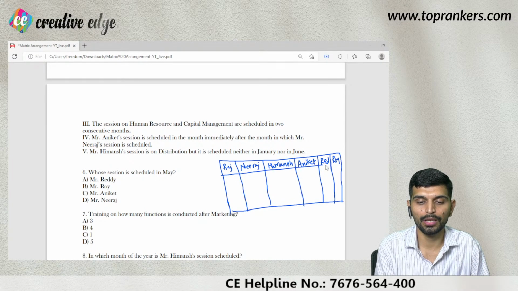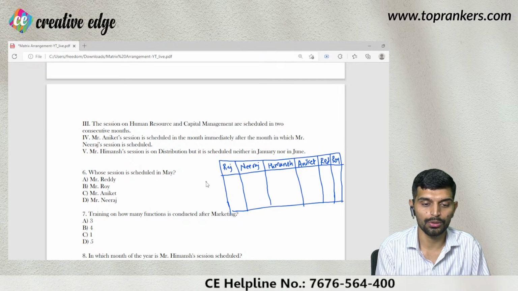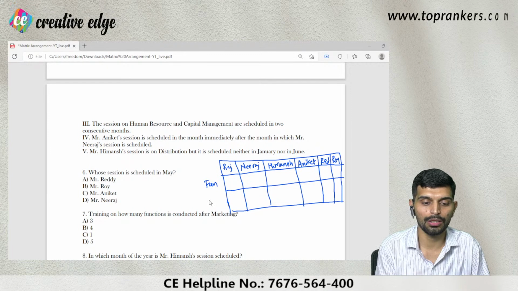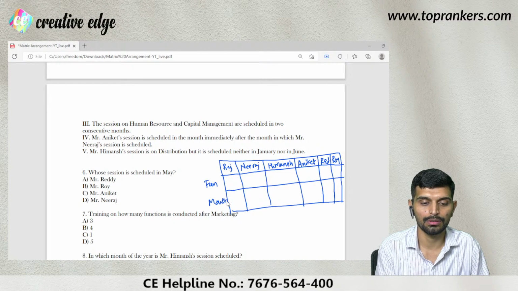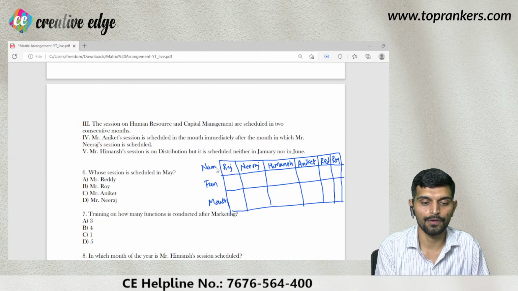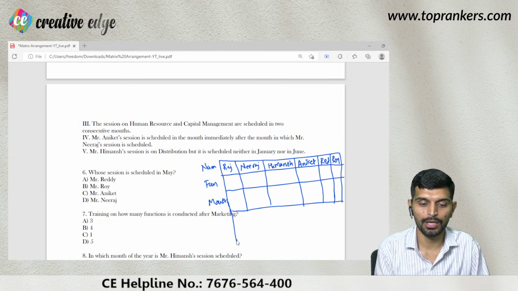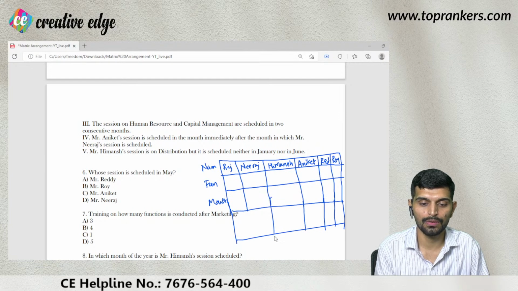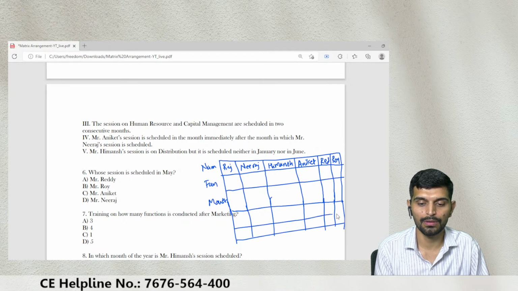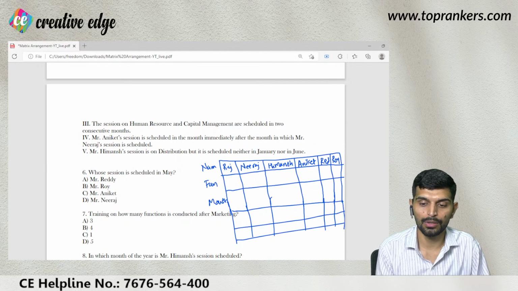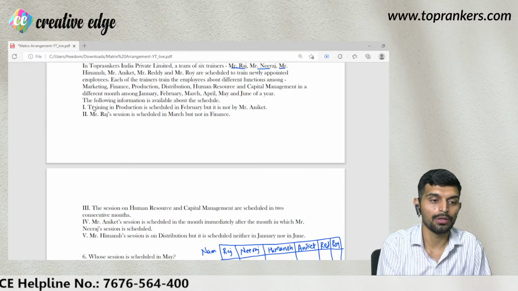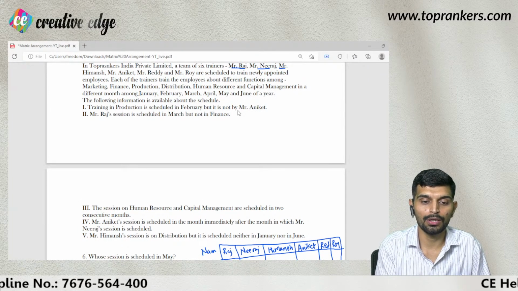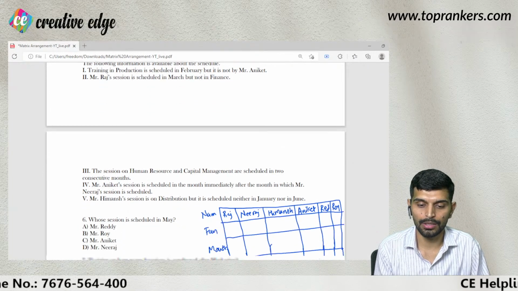These are the trainers. What do they train about? Function. And when they train is the month. So this is name, function, month. Additionally, if we have something else, we can pair it up, right? So look at the points now. Training in production is scheduled in February, but not by Aniket, right?